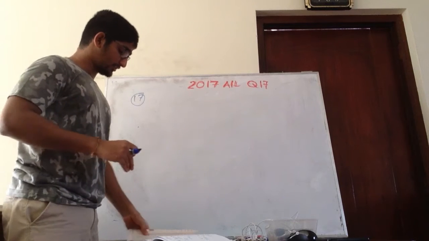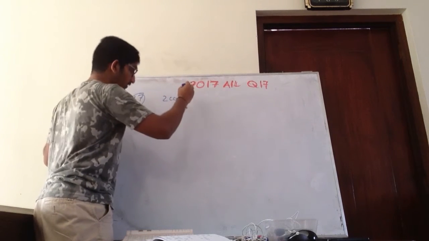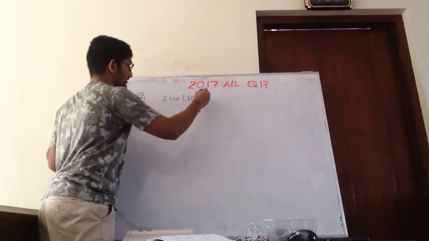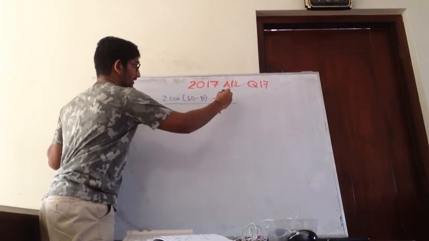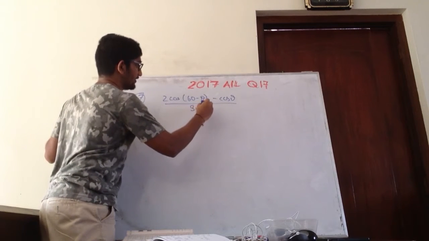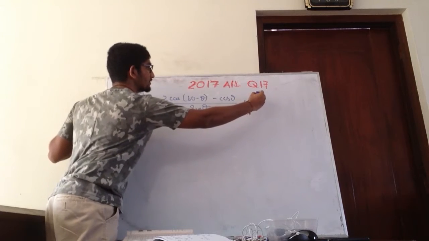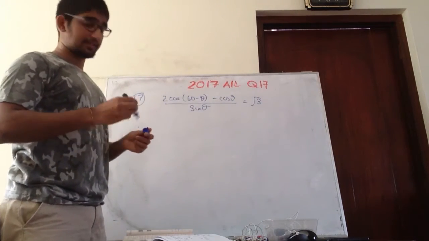That is to show that 2 cos(60 minus theta) minus cos theta over sin theta is equal to square root 3. So we need to prove this, right?